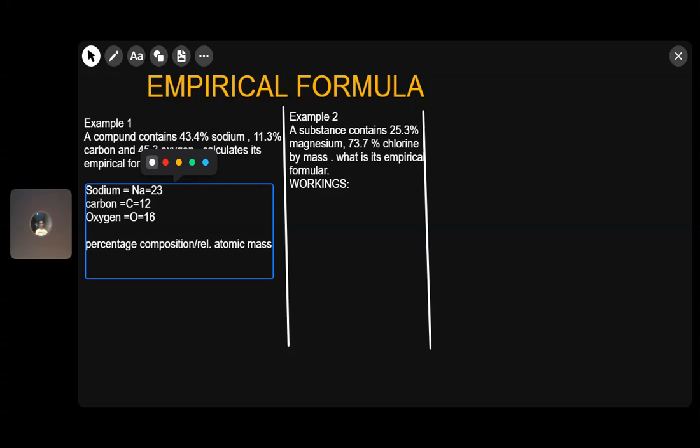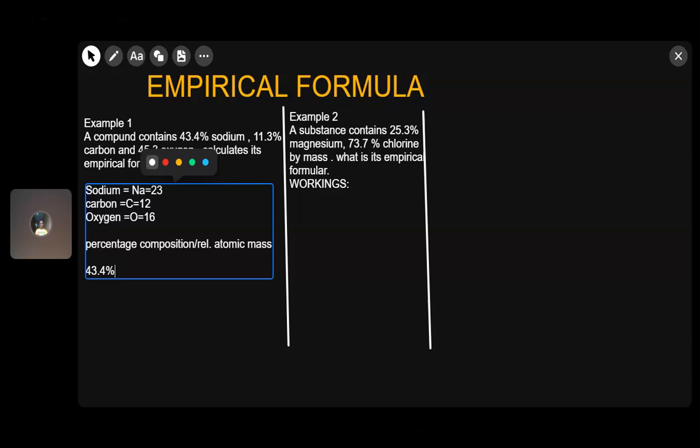The percentage for sodium is first. For sodium it is 43.4% over the relative atomic mass.